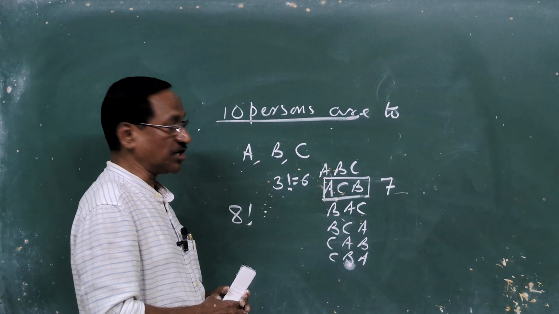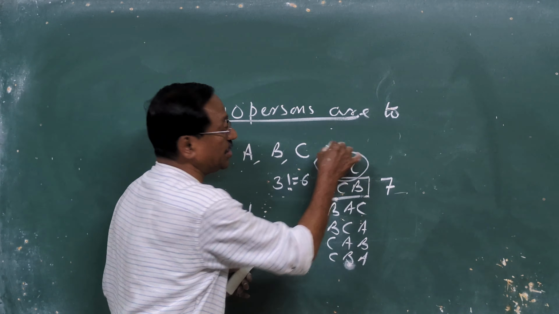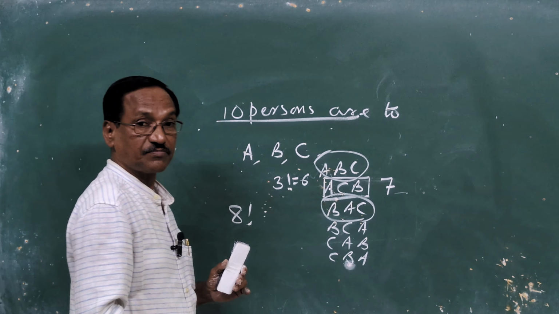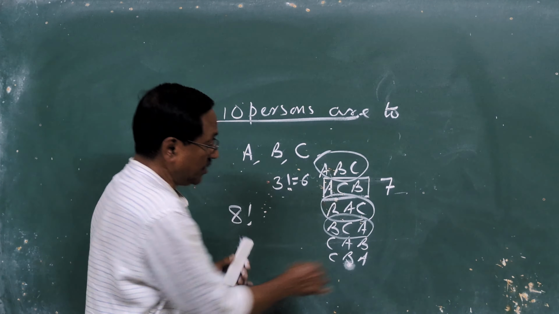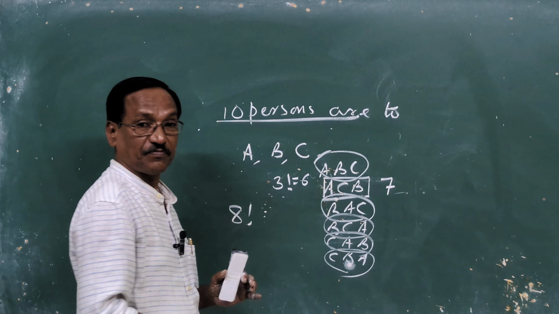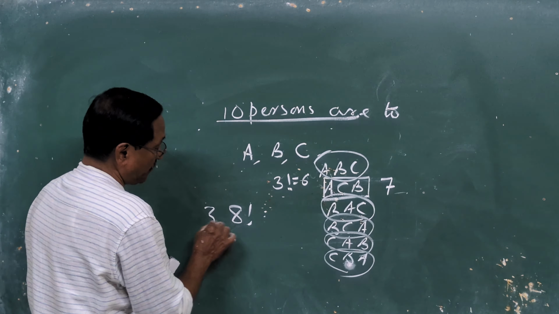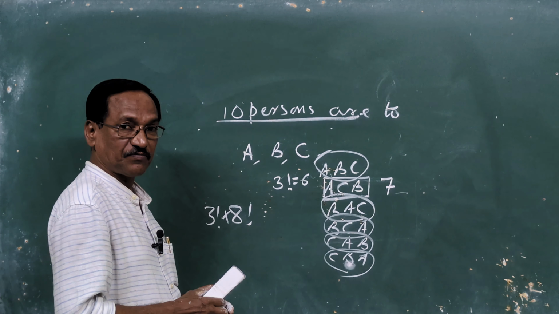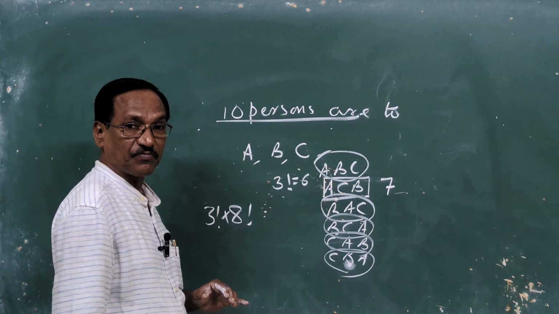This 8 factorial arrangements can also be formed using the arrangement ABC, BAC, BCA, CAB, and CBA. Thus in total, there are 3 factorial into 8 factorial arrangements.